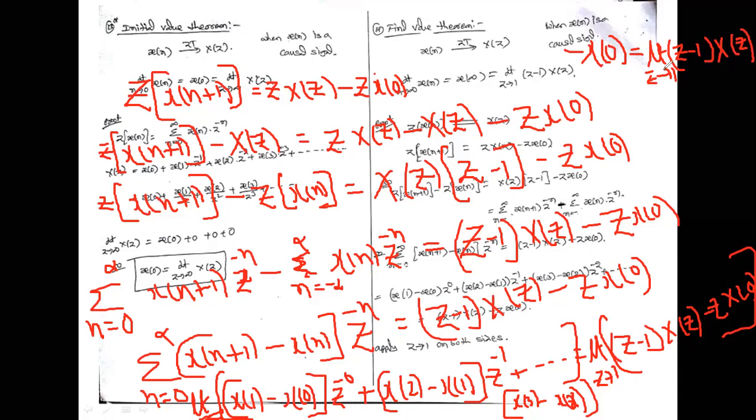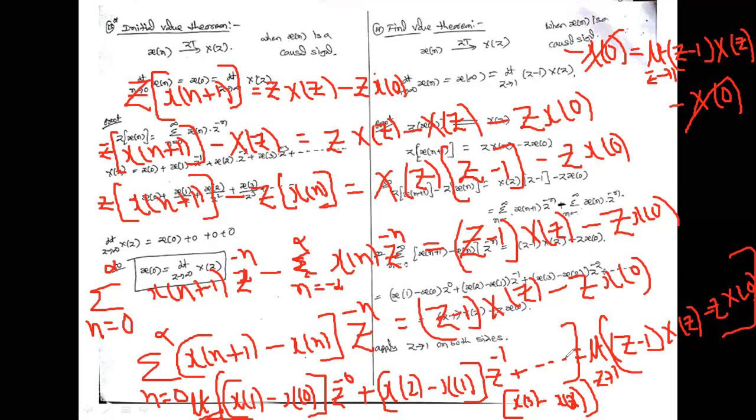I'm not substituting the z equal to 1 value here. For the second term, the summation term is there, we can substitute z tends to 1, means it becomes minus x of 0. Minus x of 0. And this minus x of 0 and minus x of 0 get cancelled.